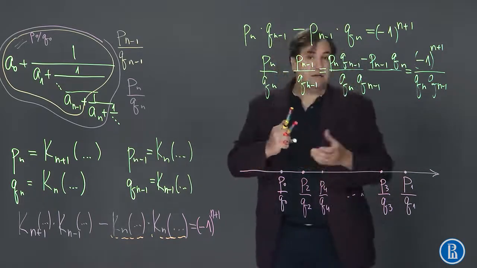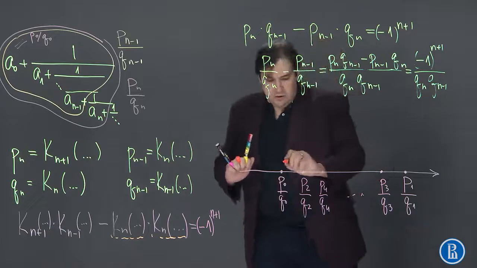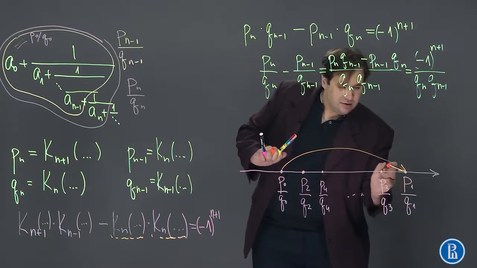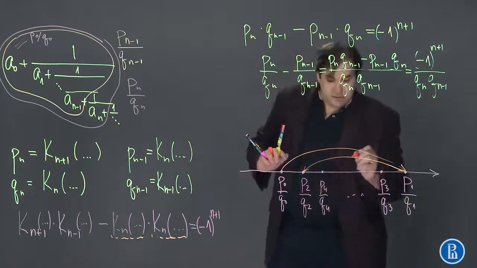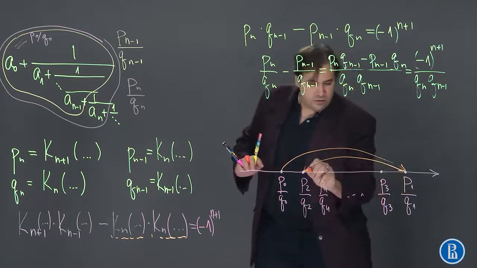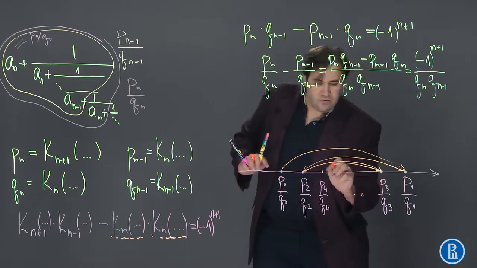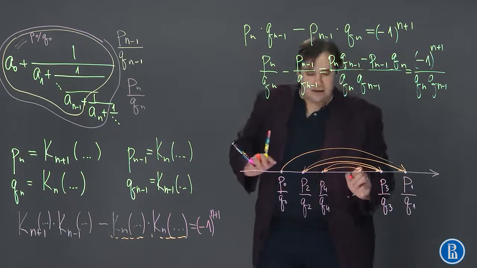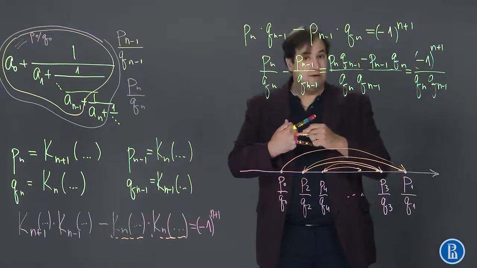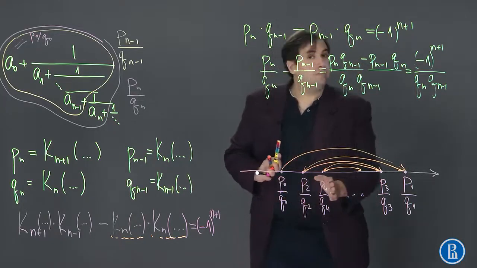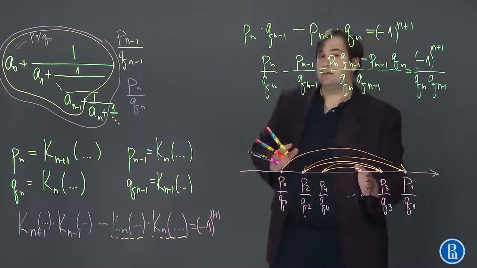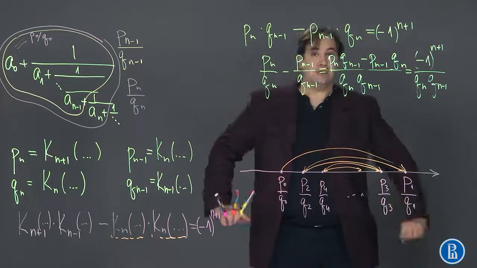So these convergents form a very interesting sequence from 0 to 1, from 1 to 2, from 2 to 3, from 3 to 4, and so on. And we see that the convergents with even numbers increase, and the convergents with odd numbers decrease, because that is the direction on the real line.